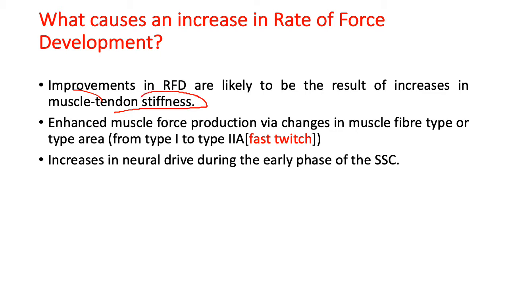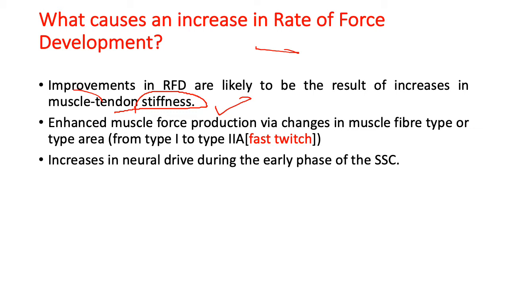This is what is happening at the ground level. When you are training for RFD development, your muscles and tendons become stiffer. The stiffer the muscle tendons, the more the rate of force development.